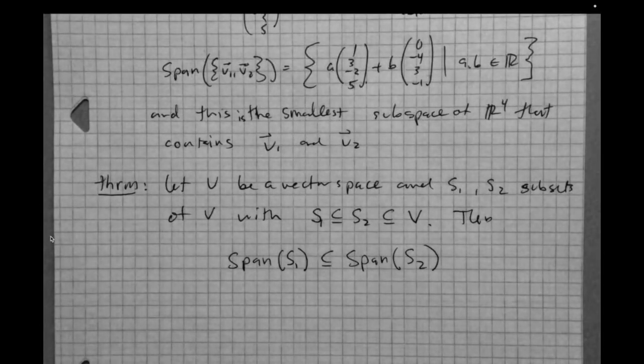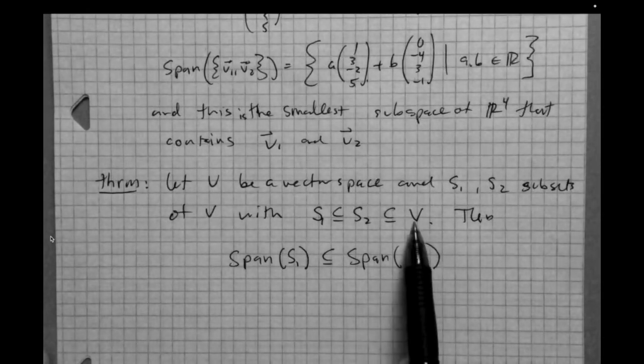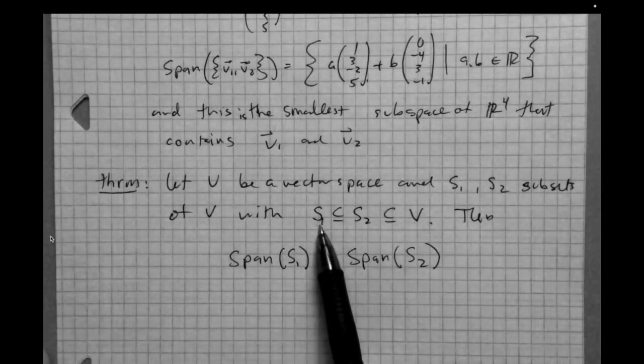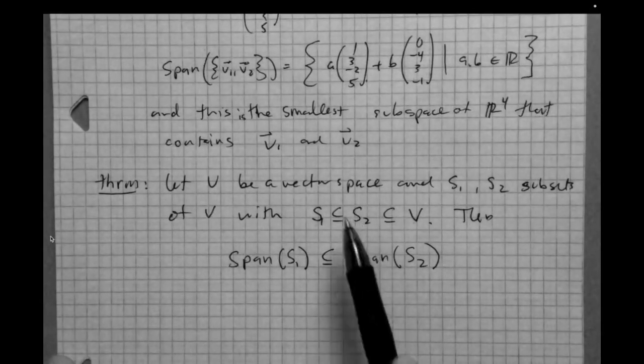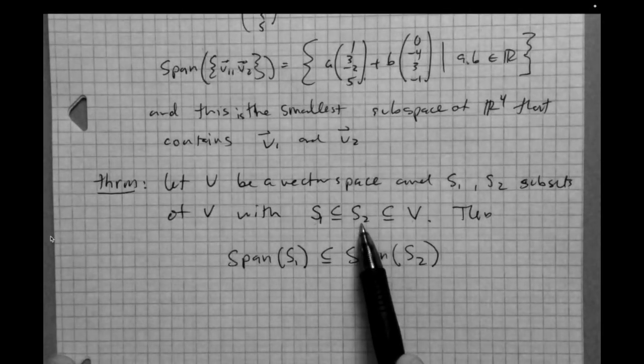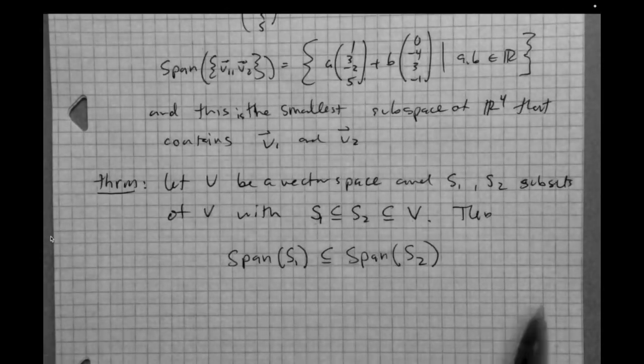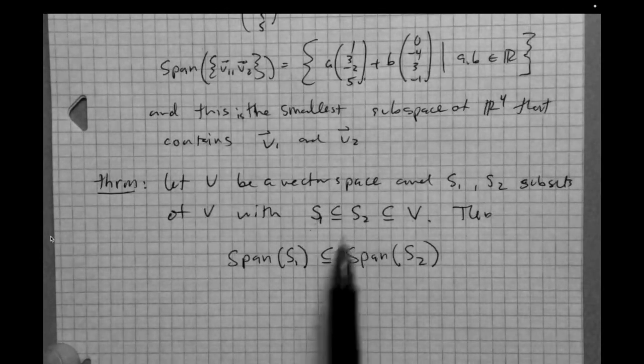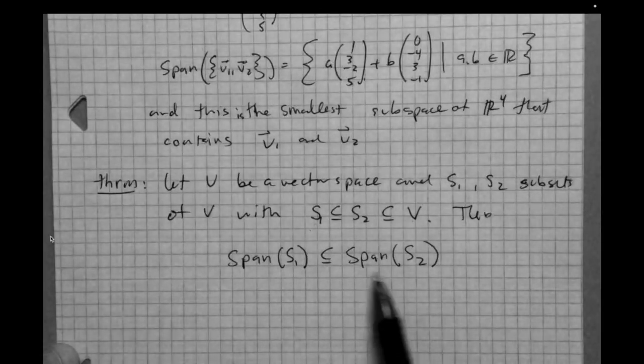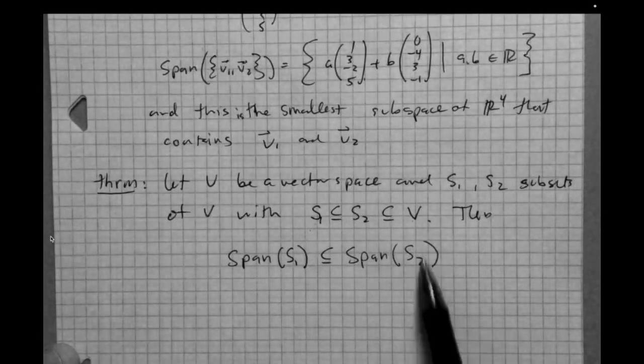Now, how can you prove this? All you need to recognize here is that the span of a subset is itself a subspace. So S2 is a subset of a vector space, then the span of S2 is a subspace of V. Now, S1 is a subset of S2, so S1 would have to be a subset of the span of S2, which is a vector space.